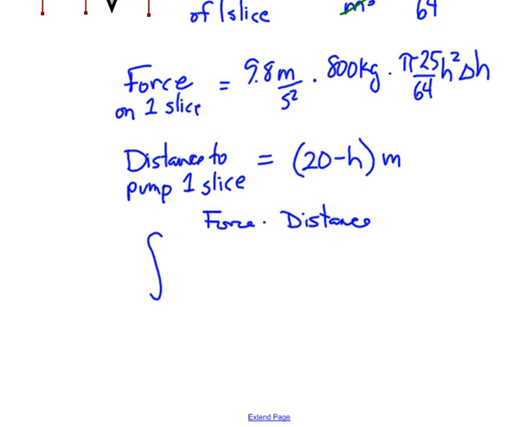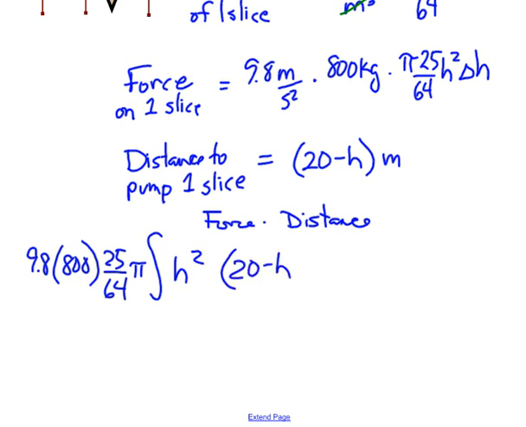I'm going to just put all those constants out front: 9.8 times 800 times 25 over 64 pi. So there's all my constants. Not constant was my h squared. So all of that is my force. Now my distance was 20 minus h. And of course the delta h from force becomes a dh.